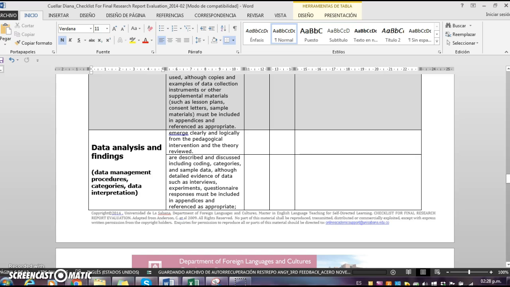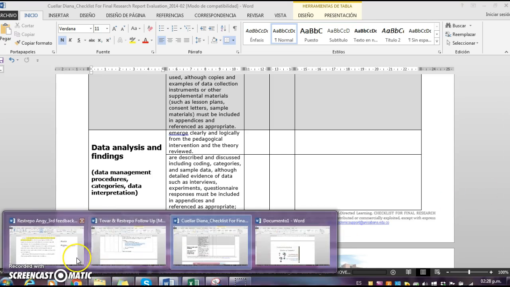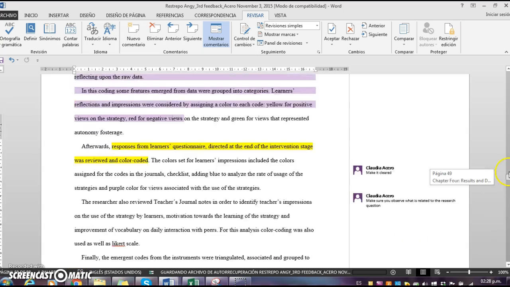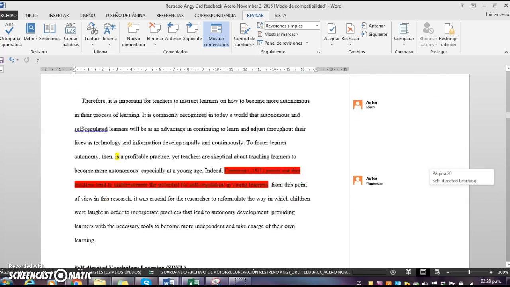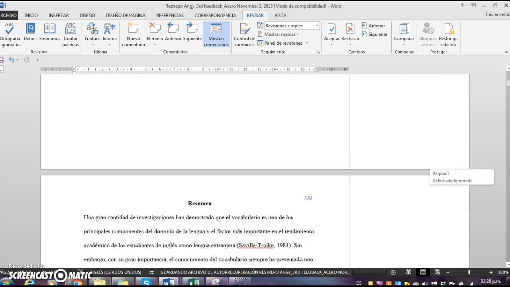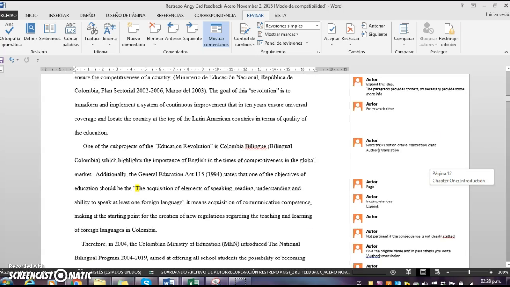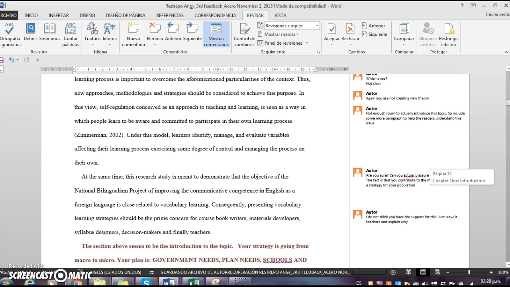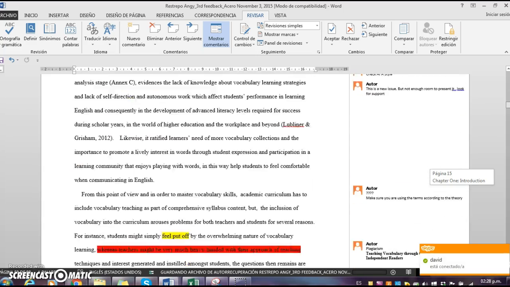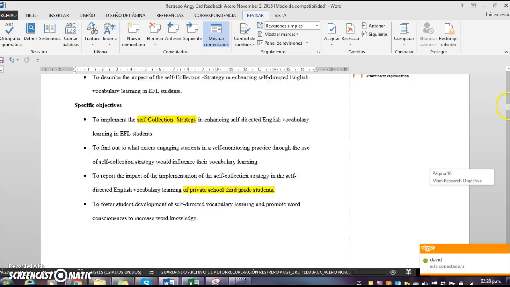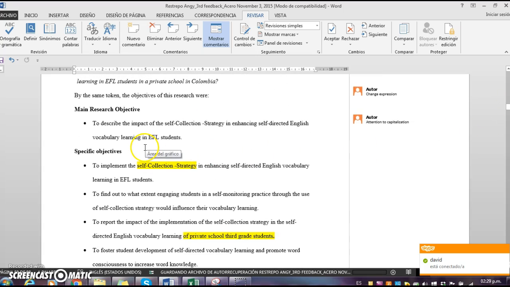In the data analysis and findings, my strongest suggestion is to go back to your research objectives and research questions to actually answer those questions and those objectives. What we find is that you include a lot of information, but you have to describe what you're saying.